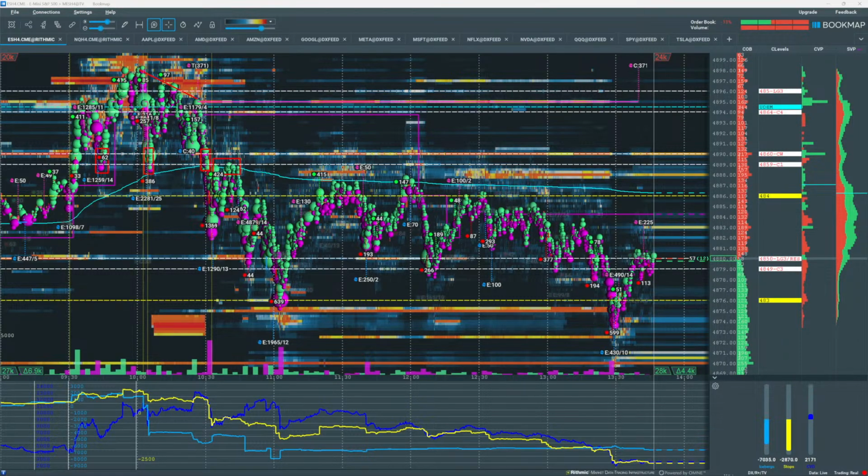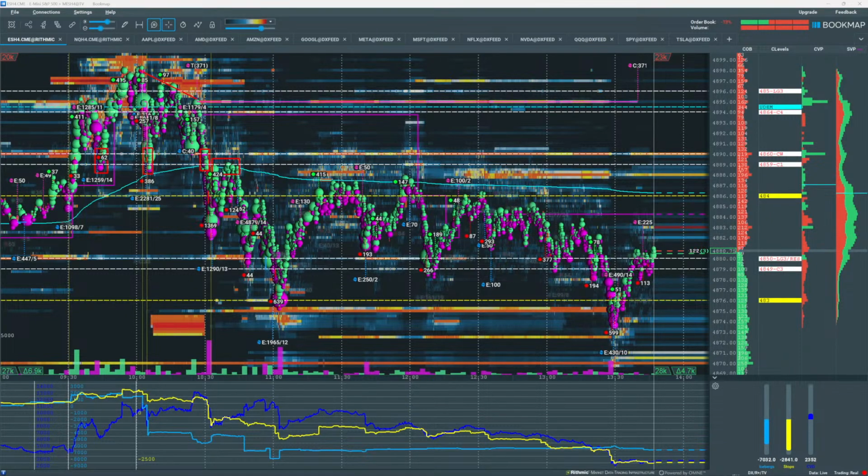So really on the surface, the shifts higher in levels were bullish, but the lack of shifts higher in the call wall, the shift higher in the call wall for SPY and the shift lower in the call wall for SPX were somewhat of a concern.